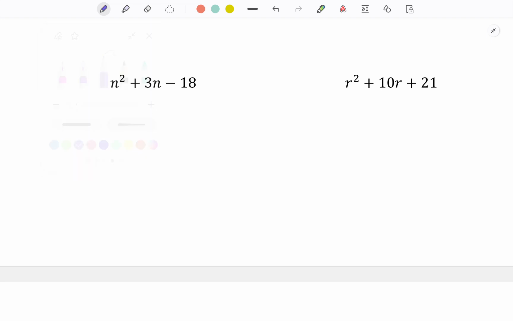All right, so getting started here, we have a c that's negative and a b that's positive. So we know our larger factor is going to be a positive number, but our signs will not match. So we will have n plus something and n minus something. So for negative 18, we're looking at factors of 1 and 18, 2 and 9, and then 3 and 6.